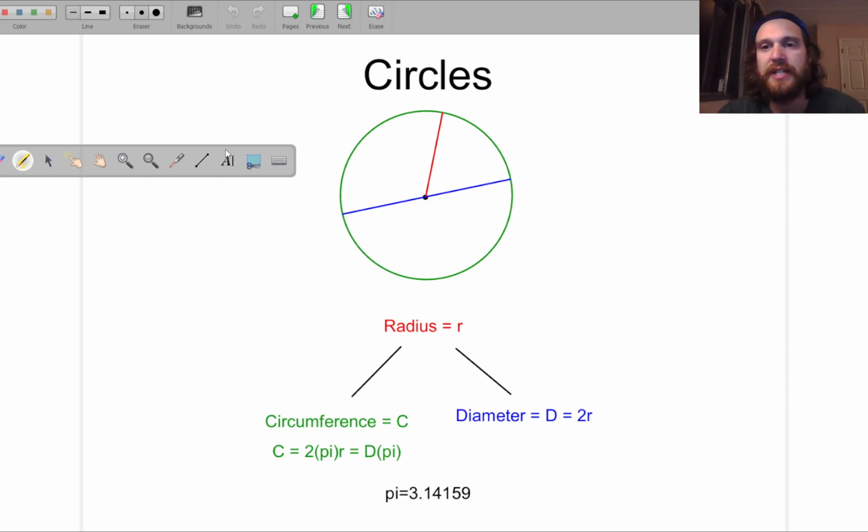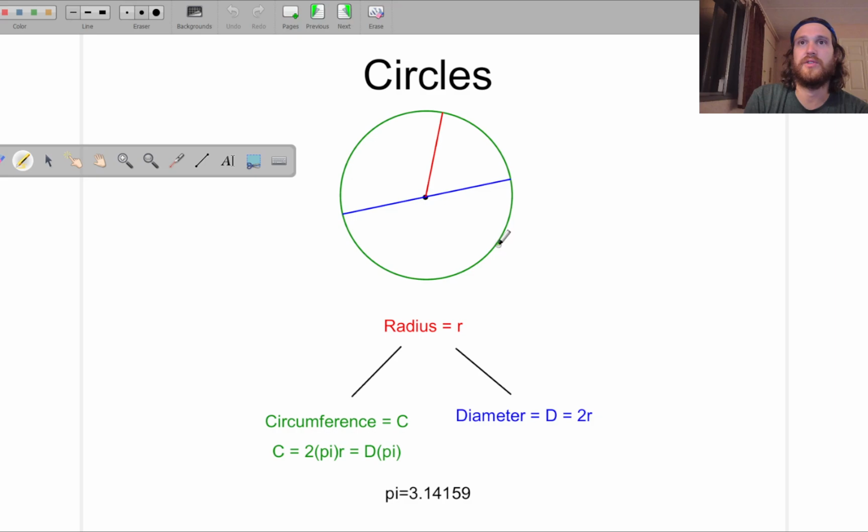Okay, so the definition of a circle is a collection of points equidistant, so the same distance. It's every point in a two-dimensional plane that is equidistant from a single point. So here's that single point, and these are all the points that are the same distance away.